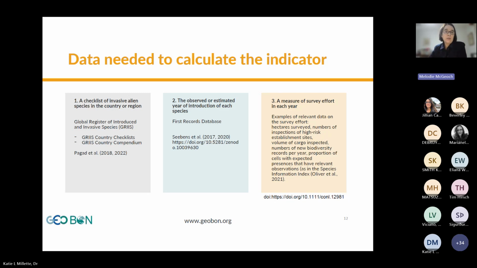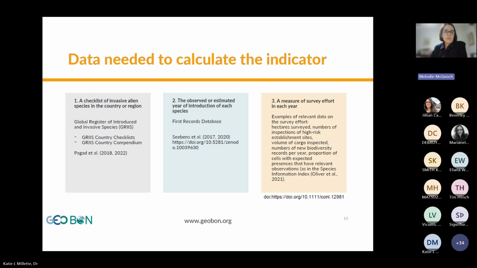But many countries have really good checklist data, for example. Others don't. And so the good news is that even if one as a country does not have data in country, there are data sources that can be used to start to produce these indicators.